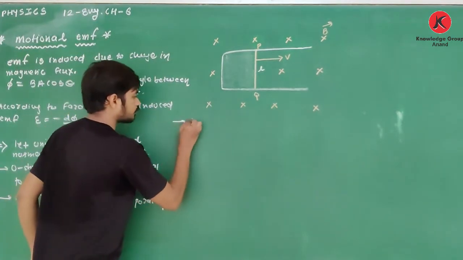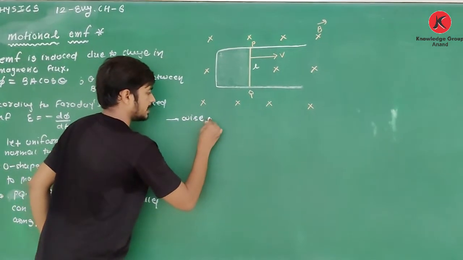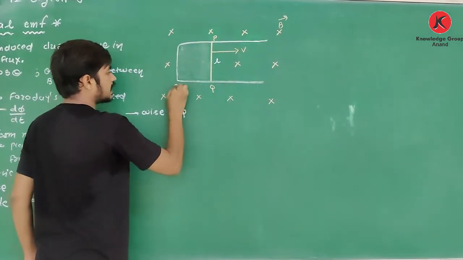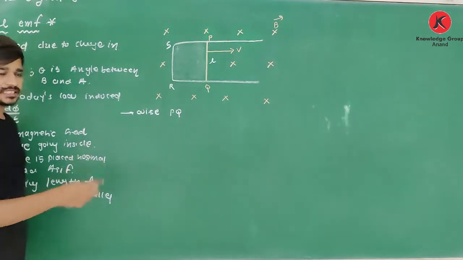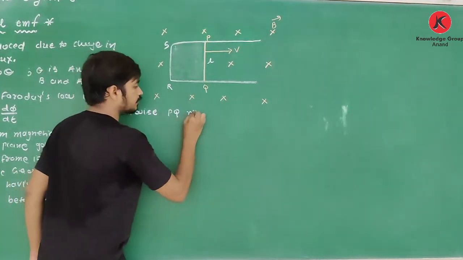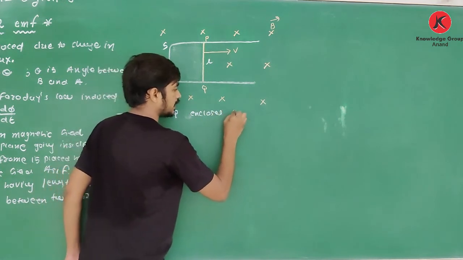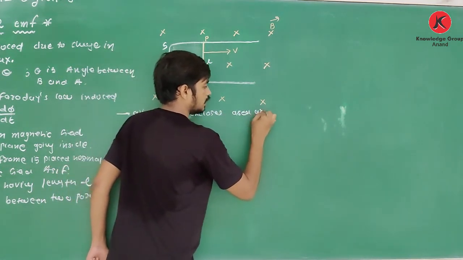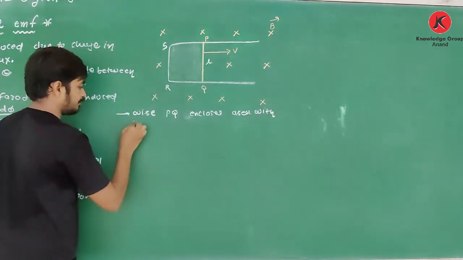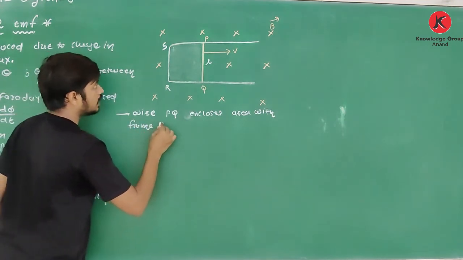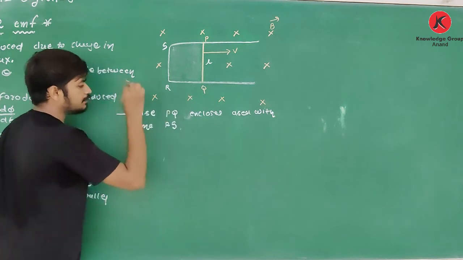So how to write? Here it is wire PQ, and here it is R, and here it is S. For example, wire PQ encloses some area with frame RS.